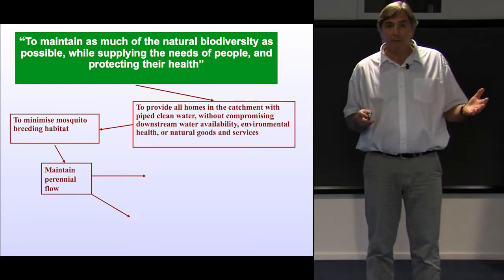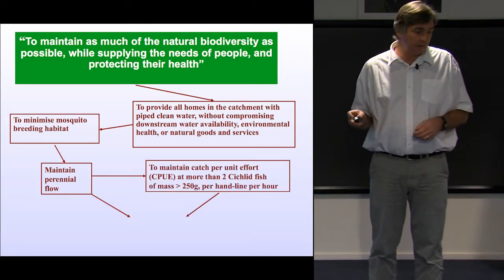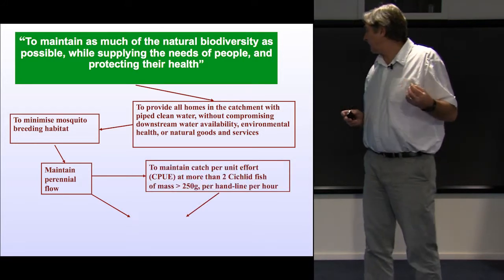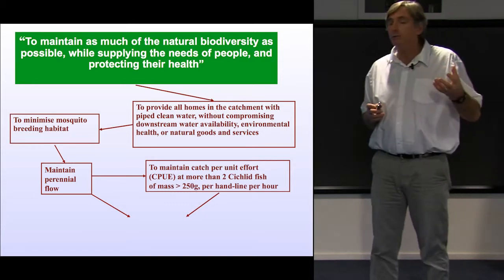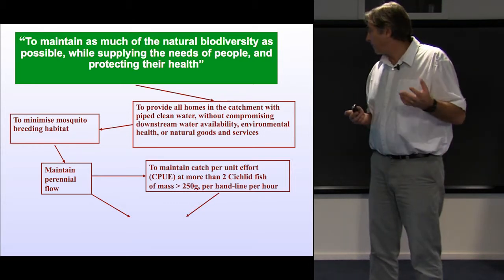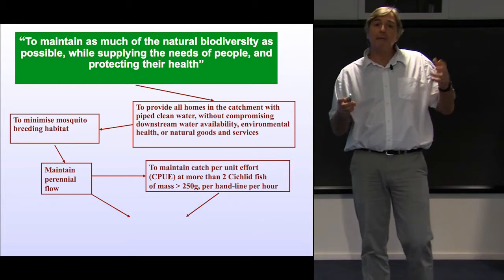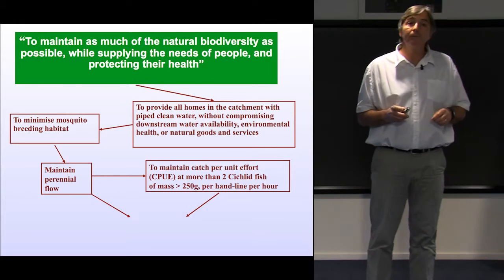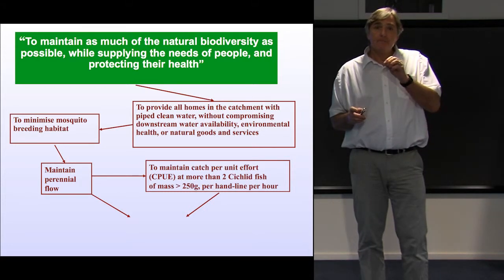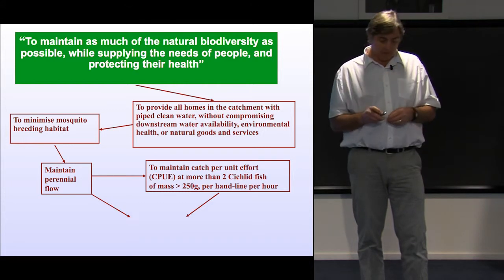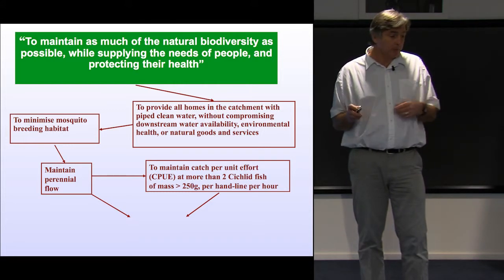If the river's flowing, you're meeting that. If you're not, you're not. Maybe to maintain catch per unit effort at more than 2 cichlid or tilapia fish of mass greater than 250 grams per hand line per hour. That's a measurable objective for some of the goods and services that are provided possibly by the river.